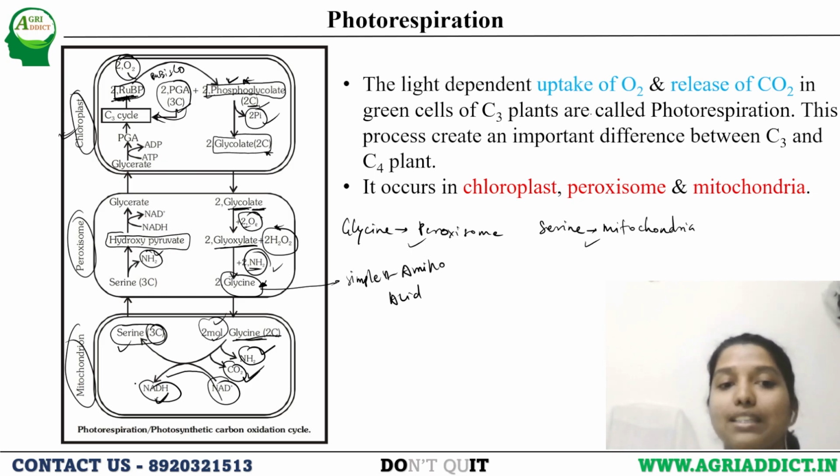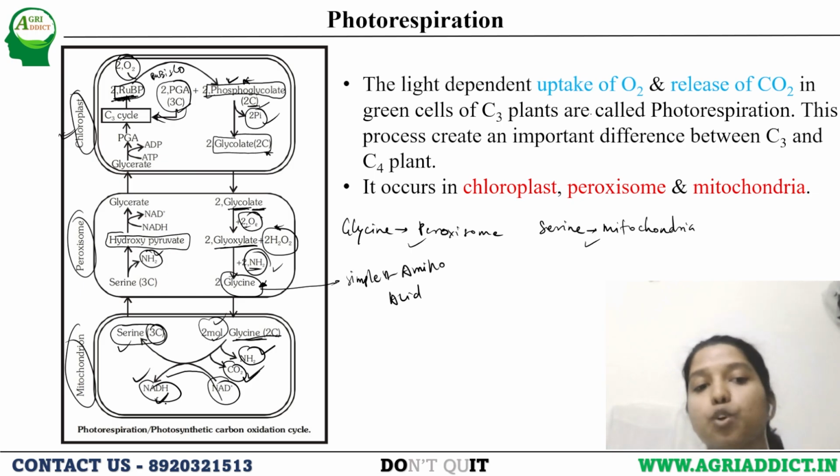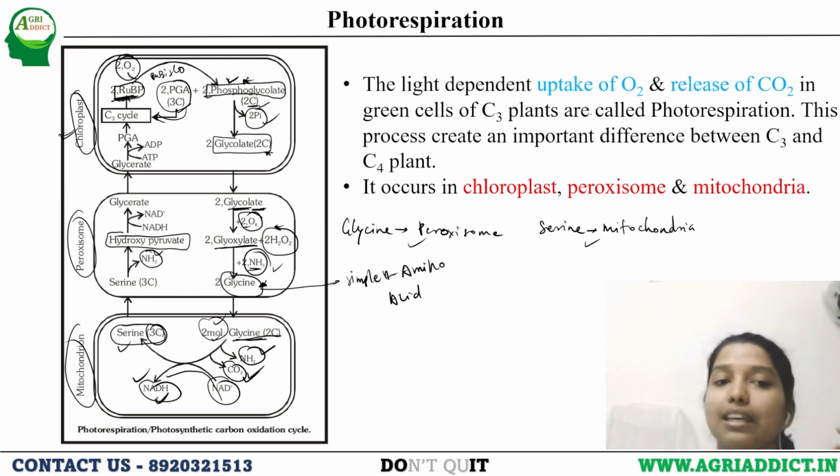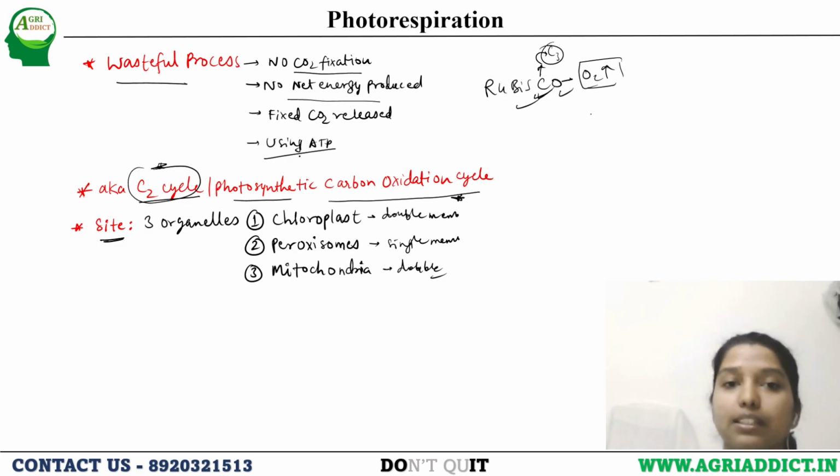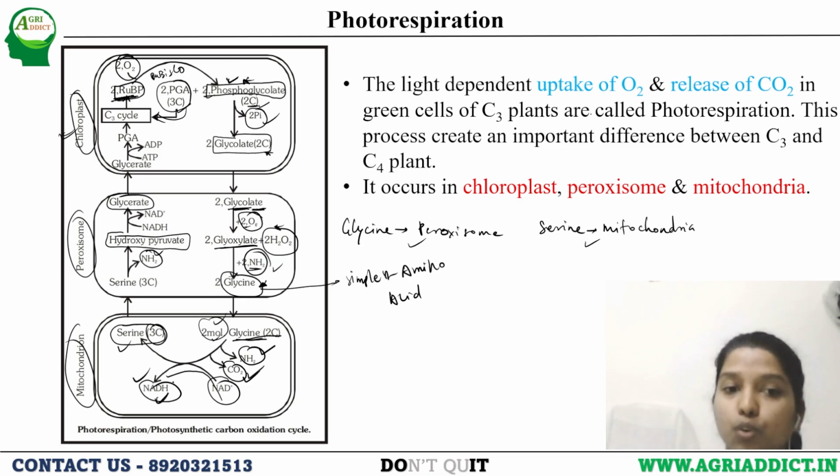And whatever energy is produced in mitochondria in the form of NADH, this NADH is again utilized to form glycerate in peroxisome. So that's why in the previous slide we said that no net energy is produced. Whatever energy is produced in mitochondria is utilized here. So net energy produced is zero. Okay.